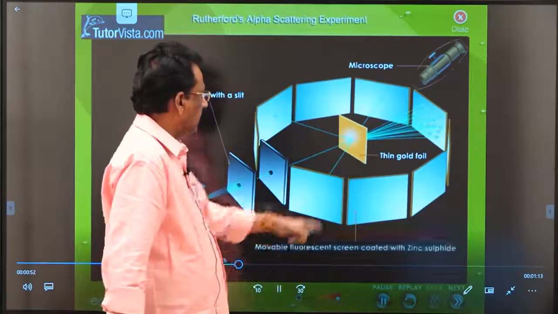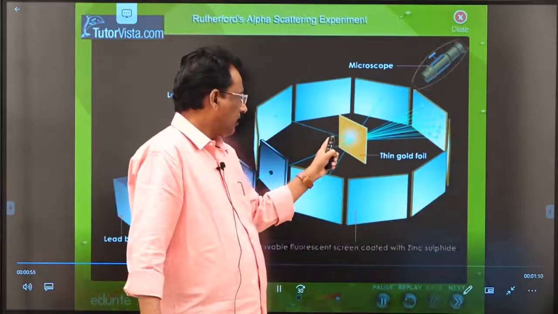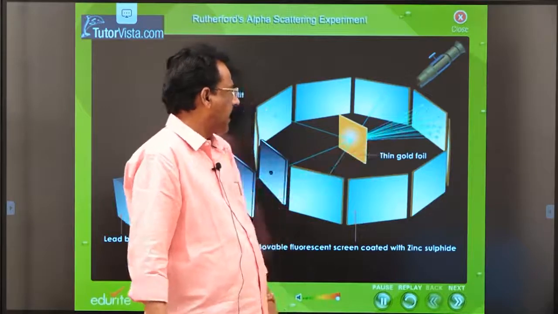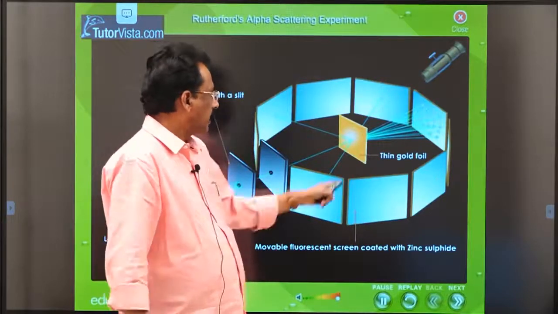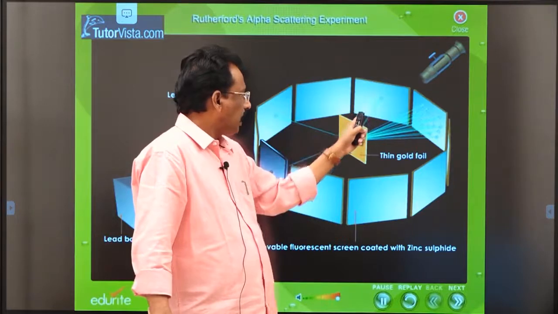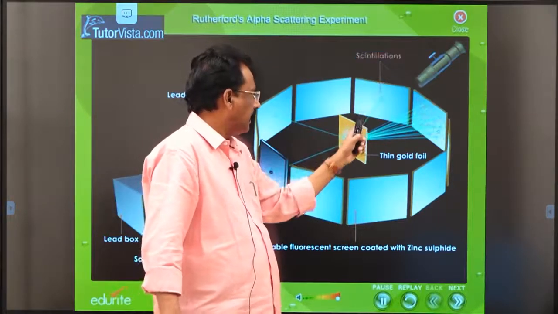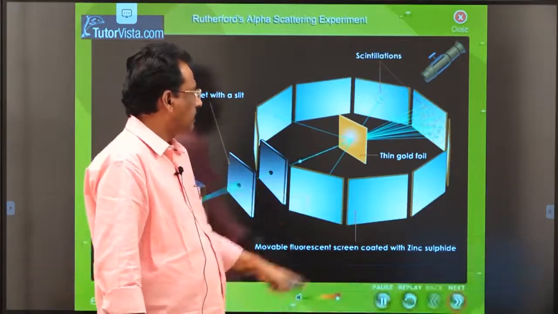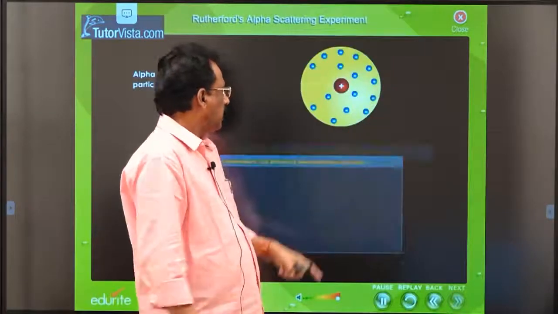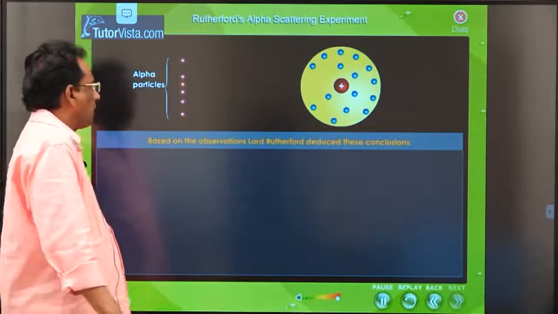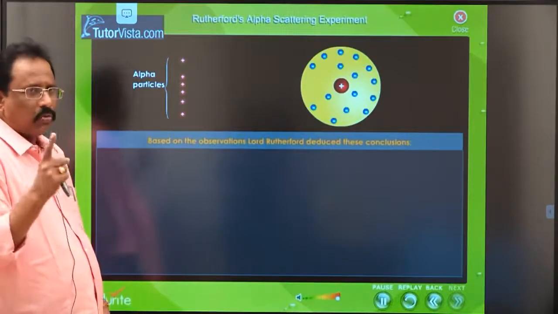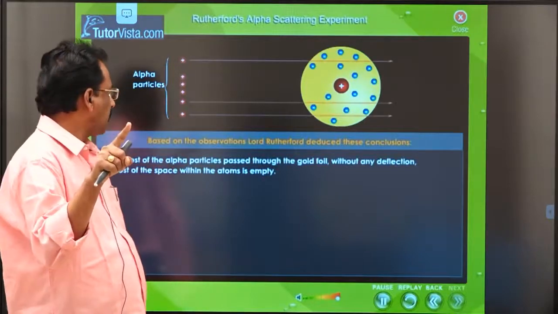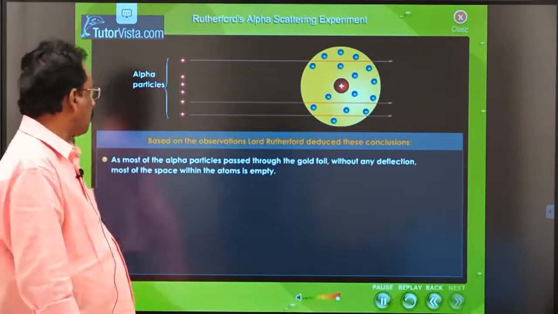See here, most of the alpha particles pass directly through the gold atom without any scattering, and very few are scattered at smaller angles, which can be seen with the help of a zinc sulfide screen. And very few alpha particles, about 1 in 20,000, are deflected back along their original path.